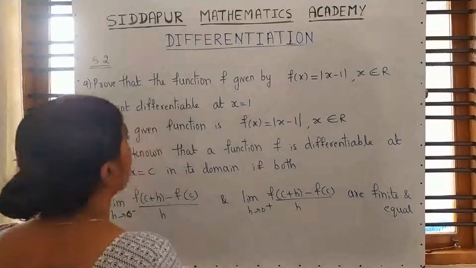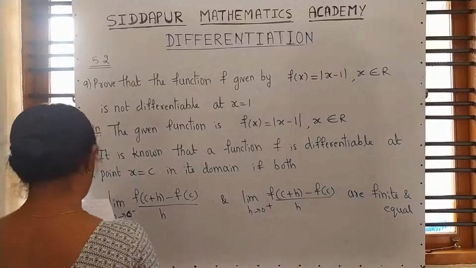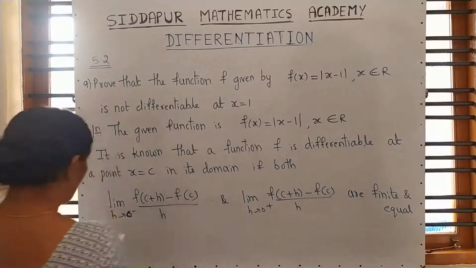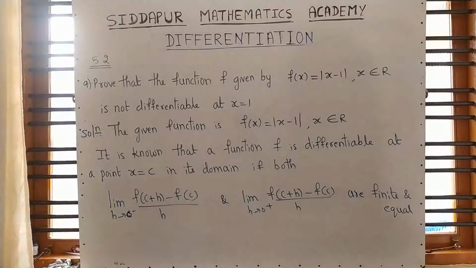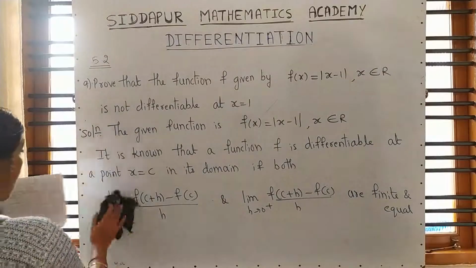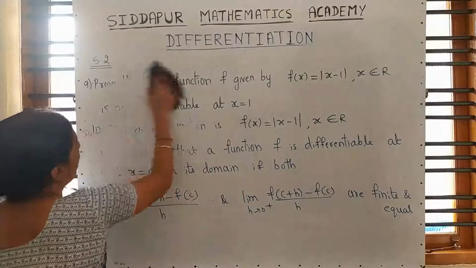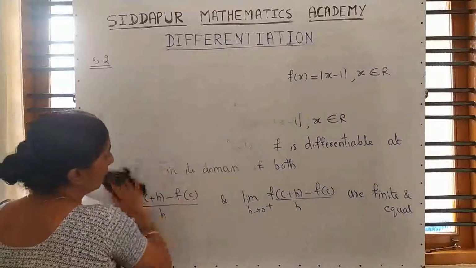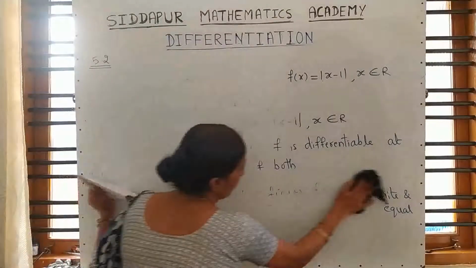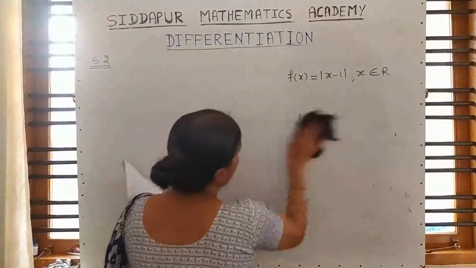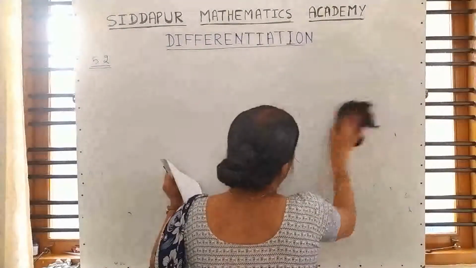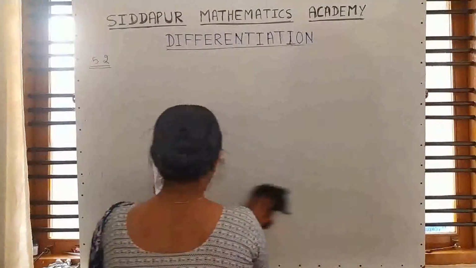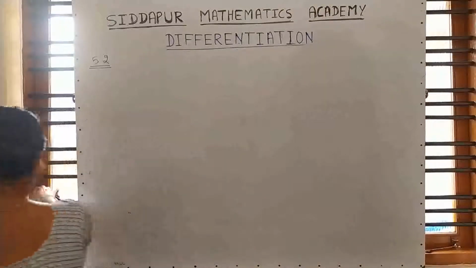Now we have to check the differentiability at x is equal to 1. So we have to consider the left hand derivative, left hand limit of f at x is equal to 1. This is a basic definition. Already you have studied this in the first year.